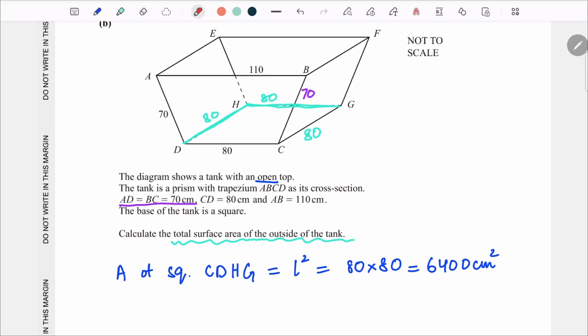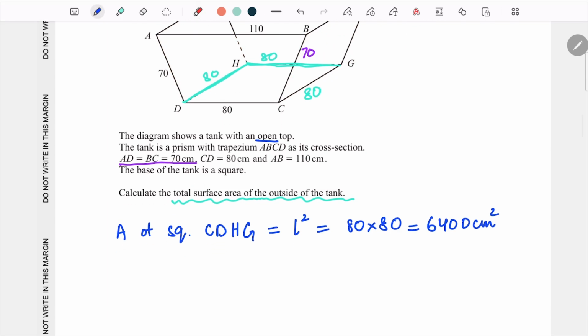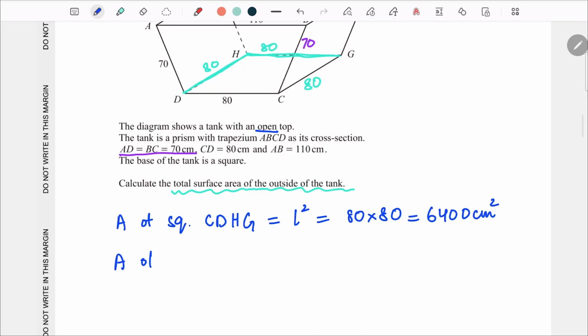Then I'm going to find the area of ADHE, this part, and this part is a rectangle, and this is also a rectangle, and the dimensions of both are 70 and 80. So basically I'm going to find the area of two rectangles. That is going to be 2 times the area of a rectangle, which is length times width.